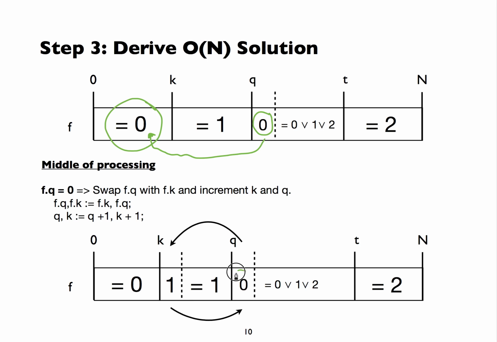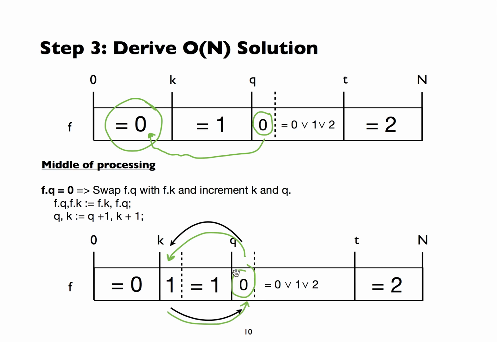We have a 0 here, and we need to add it on to the other end of the zeros over here. There's a 1 currently at f.k, so we can take the 0 and put it where this f.k value is, which is a 1, and we can take the 1 from there and just append it to the end of the 1s.